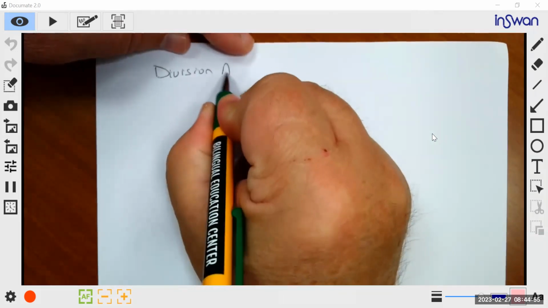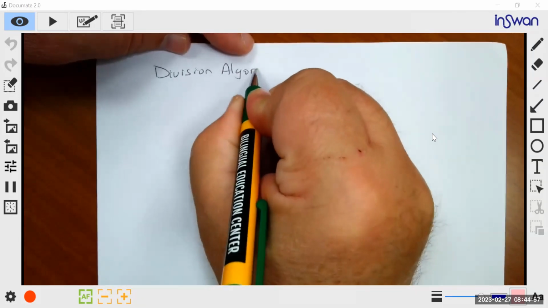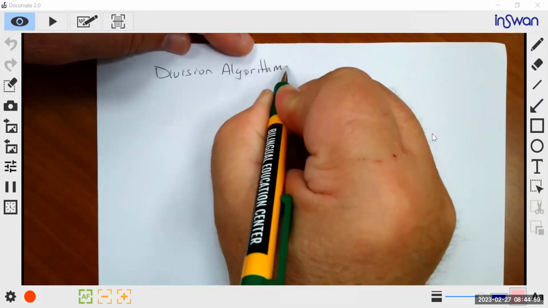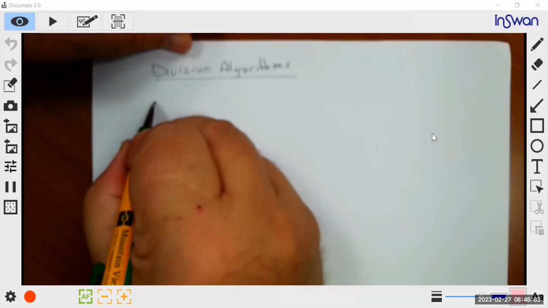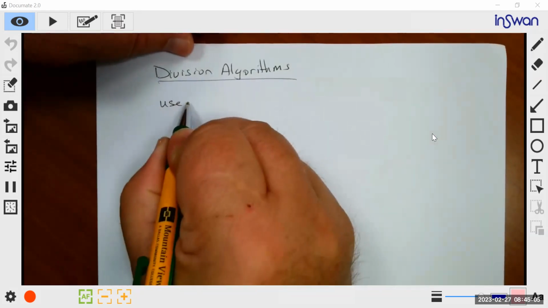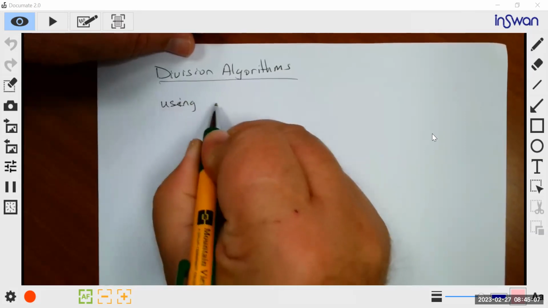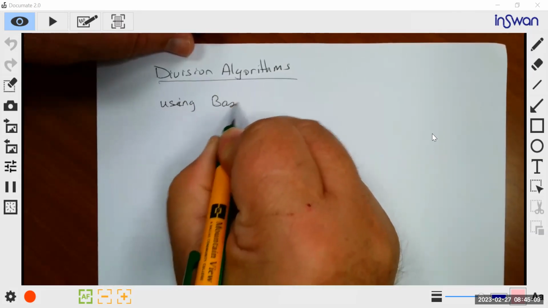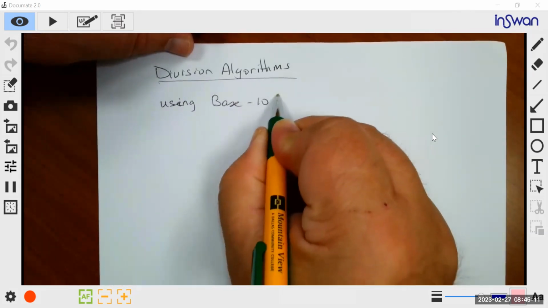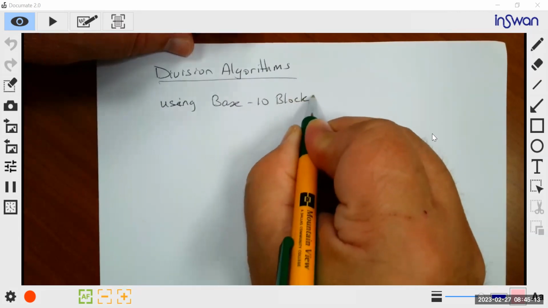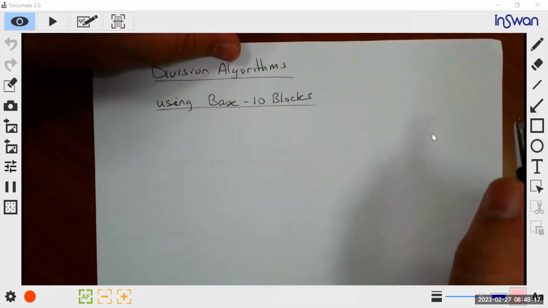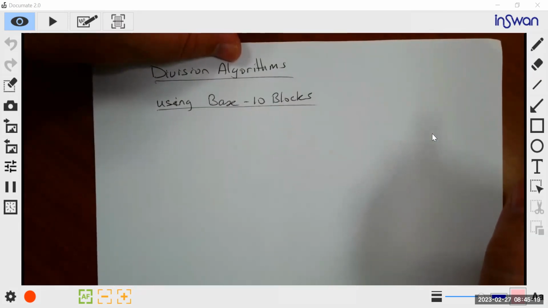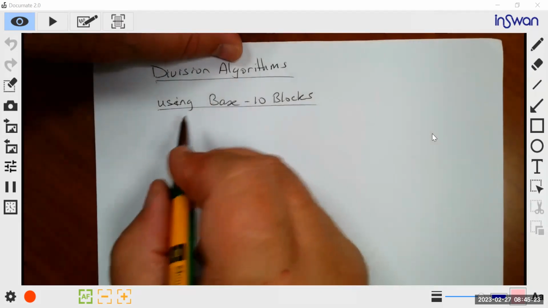Let's look at some algorithms using base 10 blocks. All right, so how do we do this? Let's look at this number.